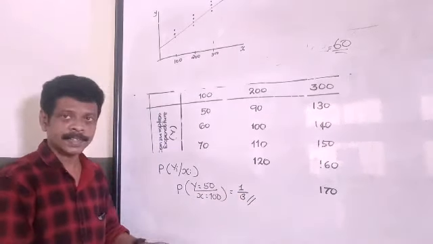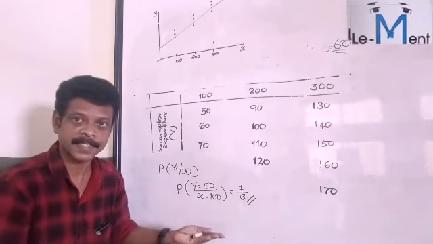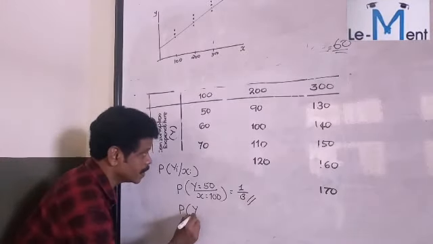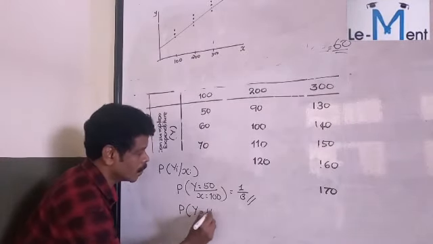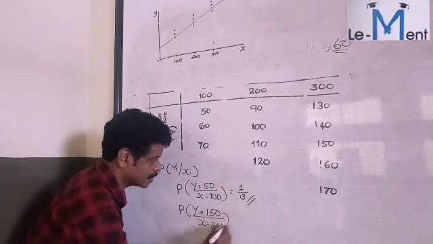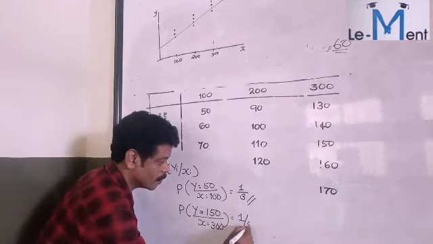Like this we can calculate the conditional probability of y to be 150 when x is equal to 300. That is the probability of y equal to 150 when x is equal to 300 is 1 out of 5, which is 1 by 5.